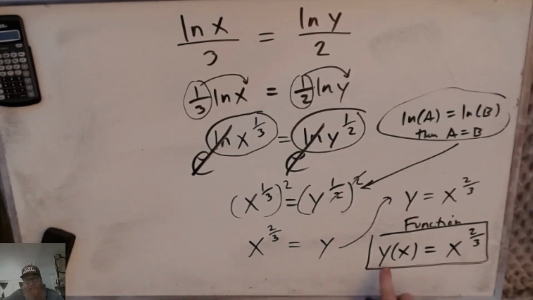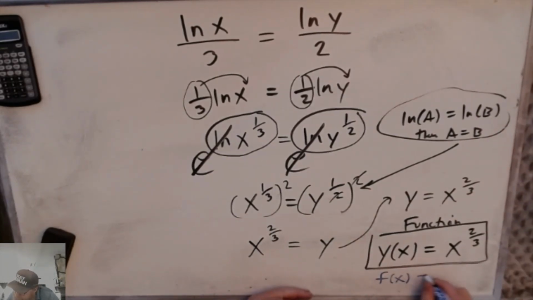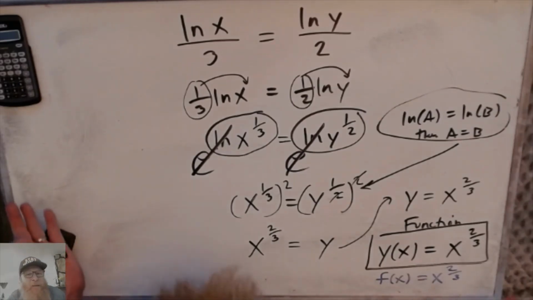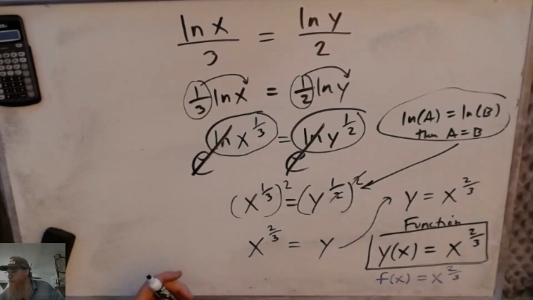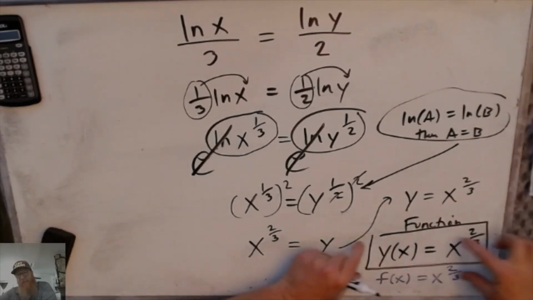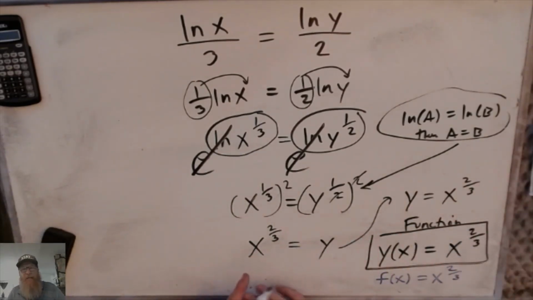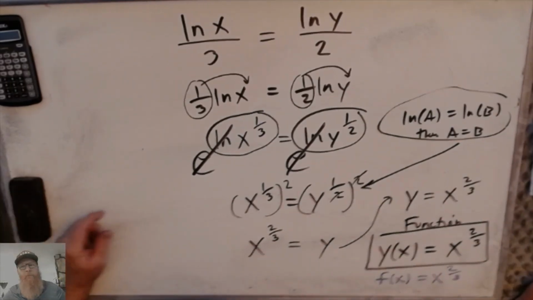This means the same thing as f of x. Sometimes I like to just put it under here. In basic algebra, you would say f of x, although that's probably not basic algebra. It's probably intermediate to advanced level algebra. What's in the box here is the way I want you to put the answer on your homework.